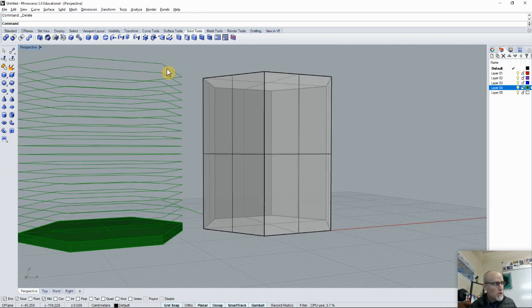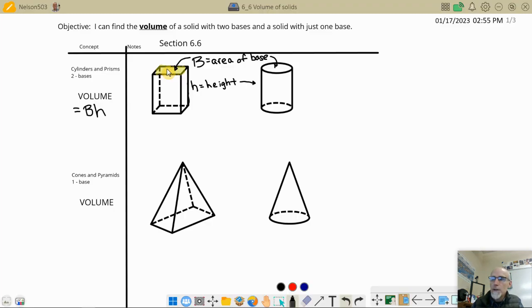So that's why we're figuring out the area of the base, and then we're going to multiply it by the height. So I want to try a problem with you. And I think what we're going to do is we're going to do number 3 together, okay? So number 3, because it looks a little funky here, it looks like this. And I'd like you to have your homework looking like this as well. So you make the drawing in your notebook, and you just do the best you can.